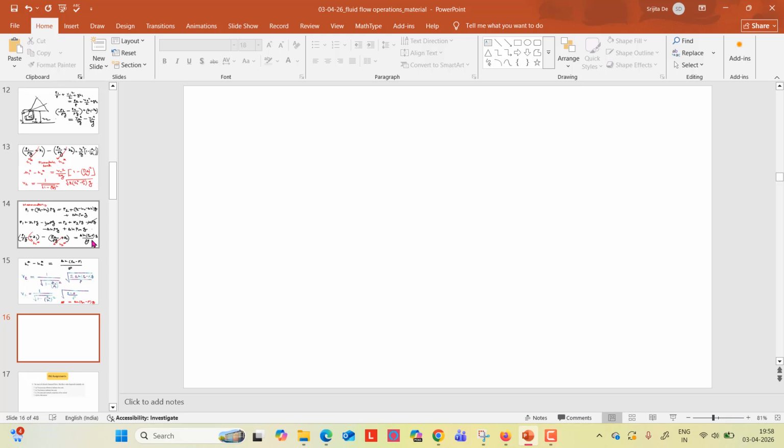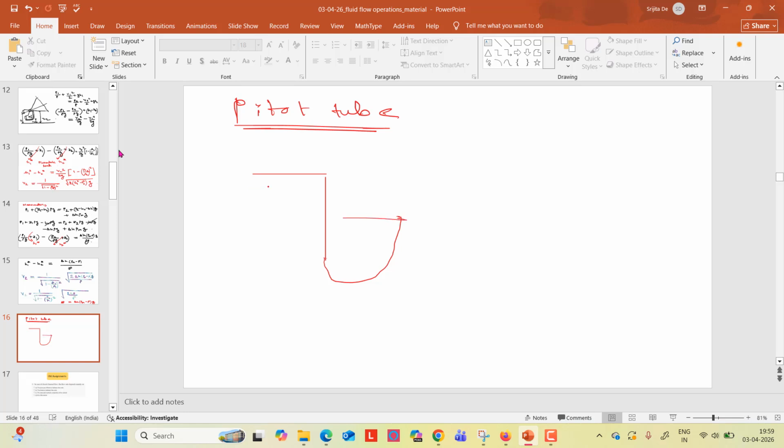Yeah. So now comes the pitot tube. The pitot tube looks like this. There is an inlet.